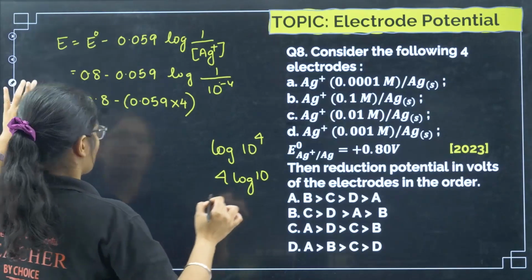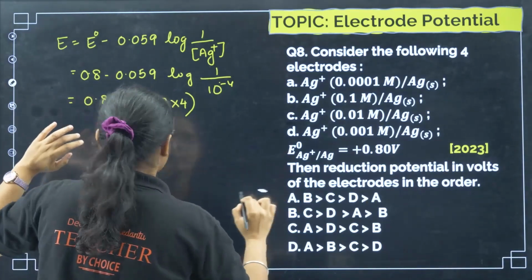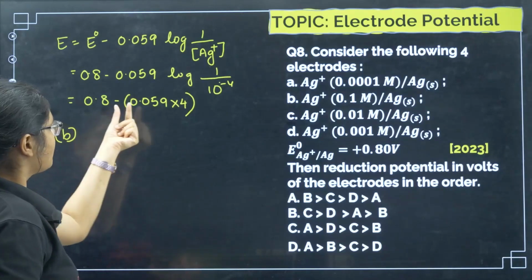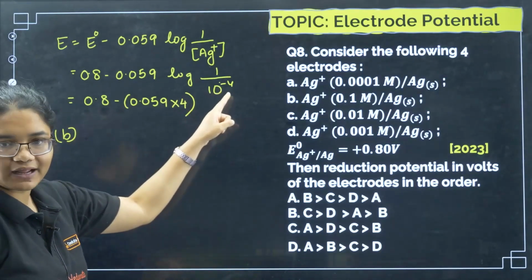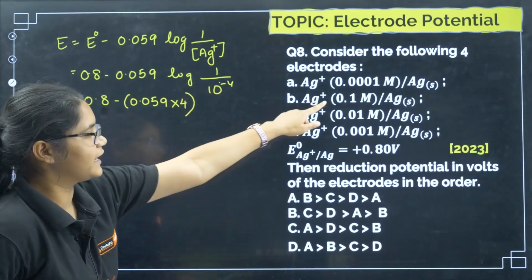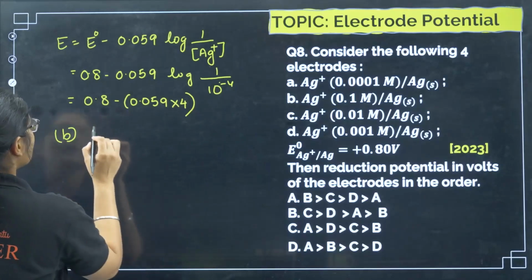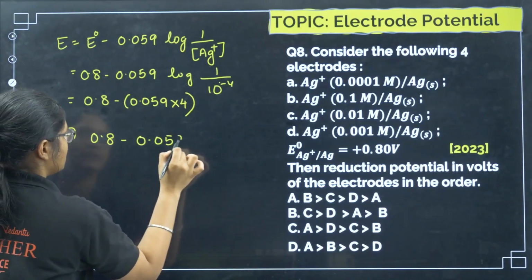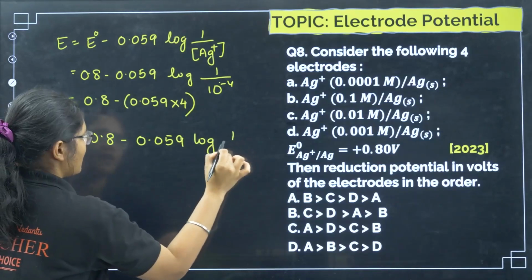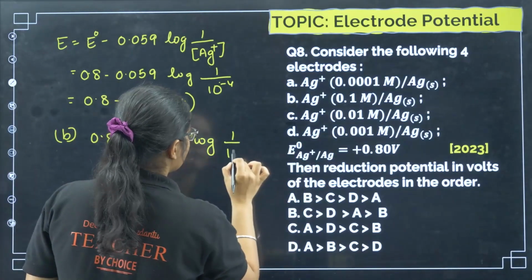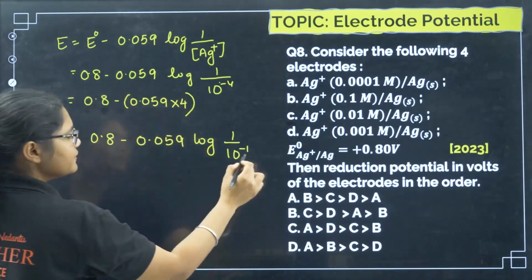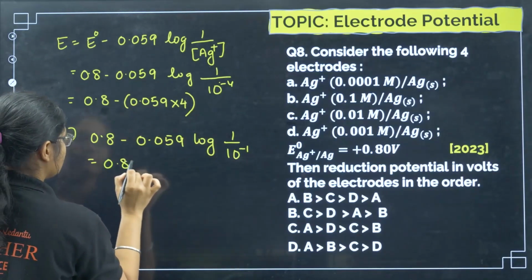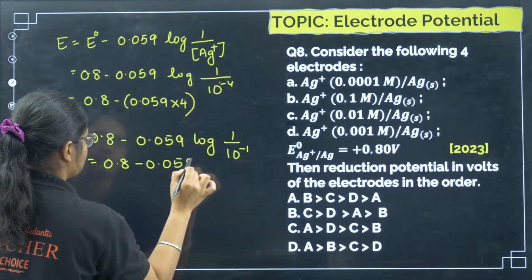Now you don't have to solve this, okay. Now just imagine, based on this, what I am getting is 0.059 into 4, right? Now the second option, if I go, what I will get is 0.8 minus 0.059 log of 1 by 10 to the power of minus 1, that goes up, and I will get 0.8 minus 0.059.